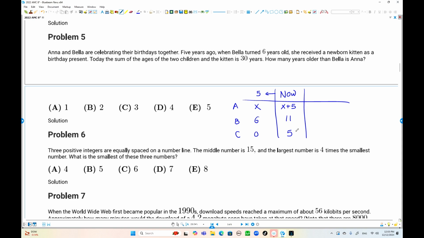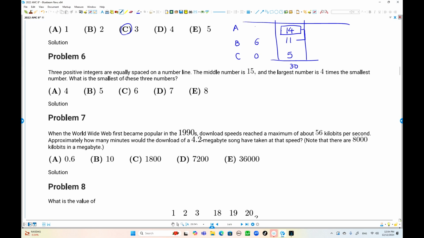Okay. The total is 30. Well, you cannot decide by x over here, right? How many years older than Bella is Anna, right? Right now, maybe you can use this number blank over here. So this is 30, this is 16, this is 14, isn't it? Actually, we don't need the x over there, right? Okay. So the difference of these numbers is 3 then, okay?